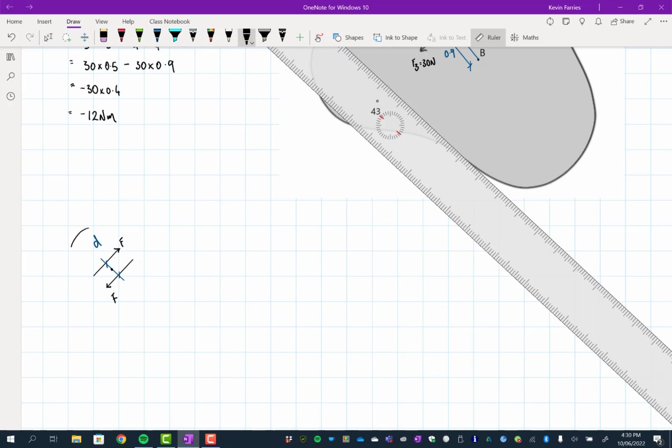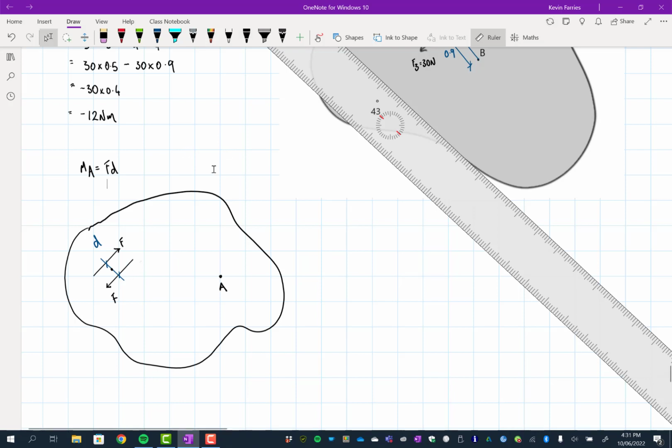If you've got some general shape and you look at the moment of that couple about the point A, then the moment about A is equal to the force, so the magnitude of one of the forces, times the distance. Either of the forces, they've both got the same magnitude.